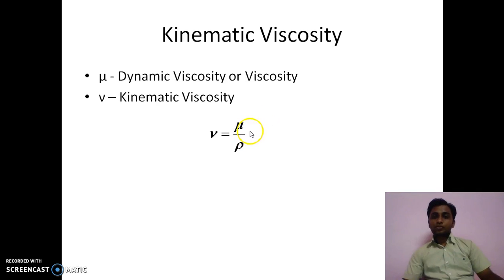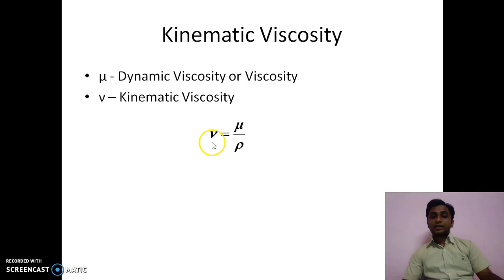Because in most of the fluid system problems, you will come to know that the two parameters mu and rho are always coming in combination. So you will observe this kind of combination, and because of this, instead of using two different parameters, we make use of a single parameter, which is nu. So a combination of two parameters results in a single parameter, and we directly make use of this parameter in the analysis. This is the reason why we define kinematic viscosity.